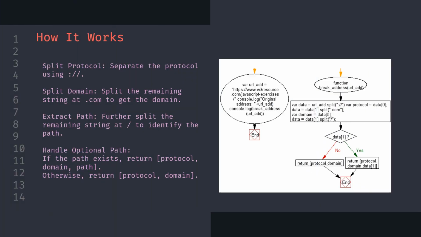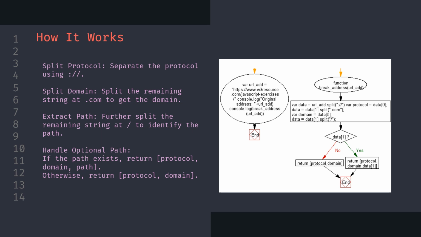Let's break down the function step by step. First, the function separates the protocol from the rest of the URL by splitting the string at the protocol splitter. Next, it identifies the domain by splitting the remaining string at .com. Then, the function looks for an optional path by further splitting at the /. Finally, it checks if the path exists.